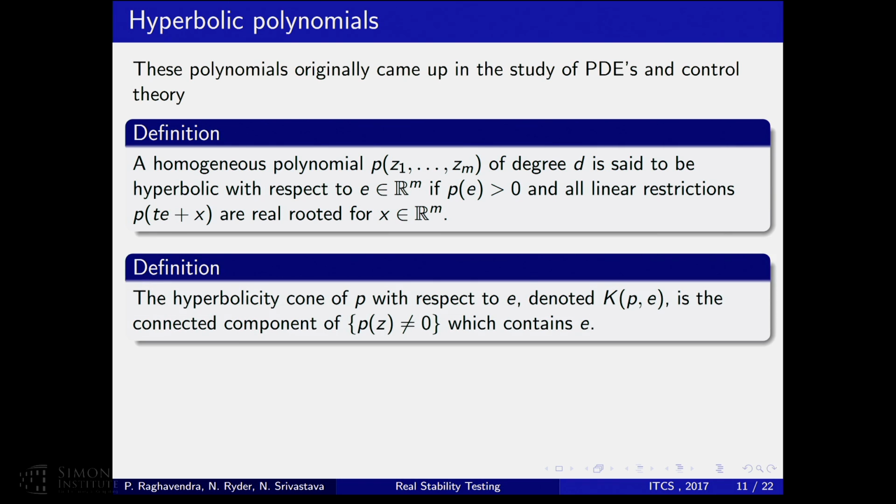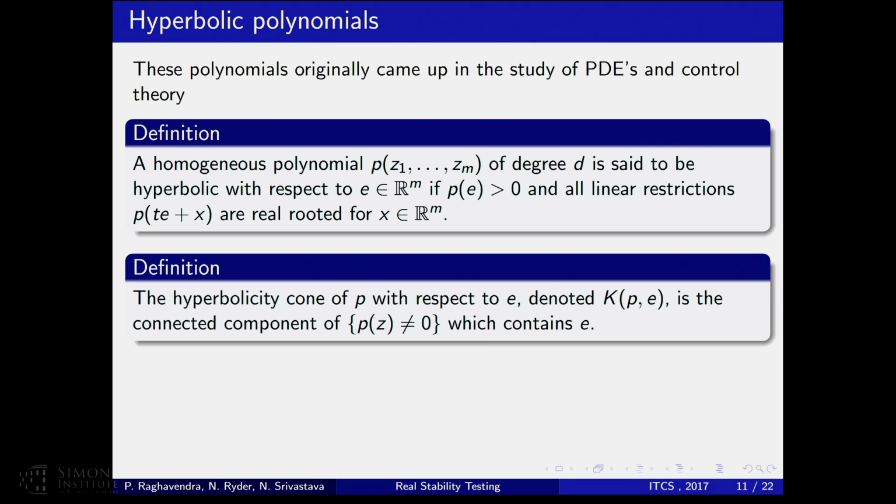One natural object that people associate with hyperbolic polynomials is the hyperbolicity cone. If you have a hyperbolic polynomial p and a direction e with respect to which it is hyperbolic, you look at the hyperbolicity cone, which is the connected component of the non-vanishing set of the polynomial that contains that direction.